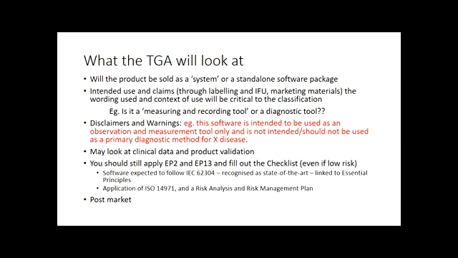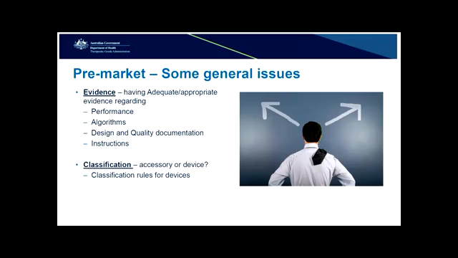Okay, and then there's post-market requirements. This is from the TGA, and from a pre-market perspective, they're going to look at whether you have adequate evidence and whether that evidence is actually appropriate, which can be a bit hard for software. They're going to look at performance, your algorithms, and, as I said before, document everything.